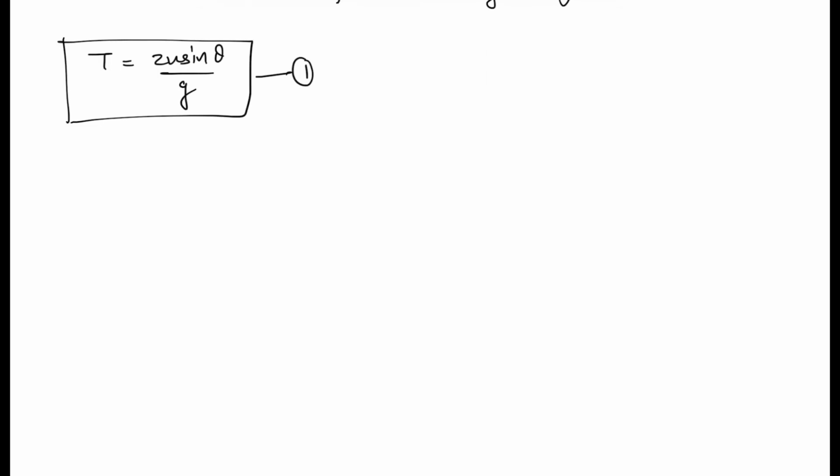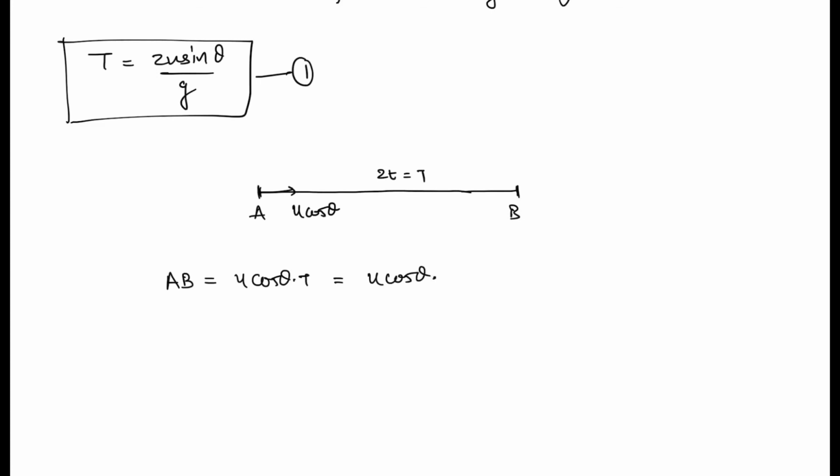Now if we want to analyze total maximum range, or say horizontal range from A point to B point. So AB can be written as horizontal velocity u cos theta and time taken 2t, which is equal to capital T. So it can be written as u cos theta into capital T. So this will be u cos theta into the value of capital T, 2u sin theta divided by g.